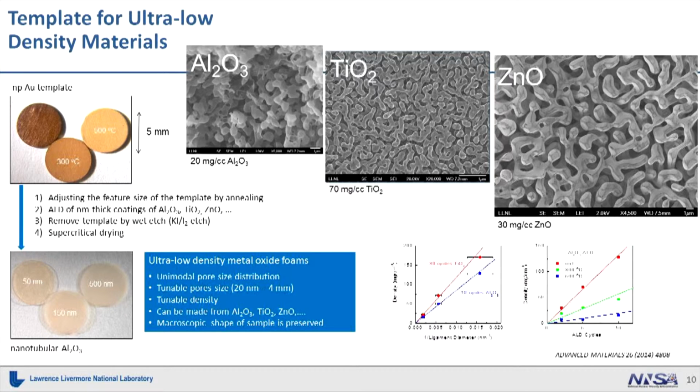So these foams normally are not easily machinable, but you can start with the machining early on for the alloy material and then keep the shape. So that's one advantage of this whole process. And we can nicely control the feature size by preheat treatment of the template, and we can control the density by the number of ALD cycles that we actually apply.